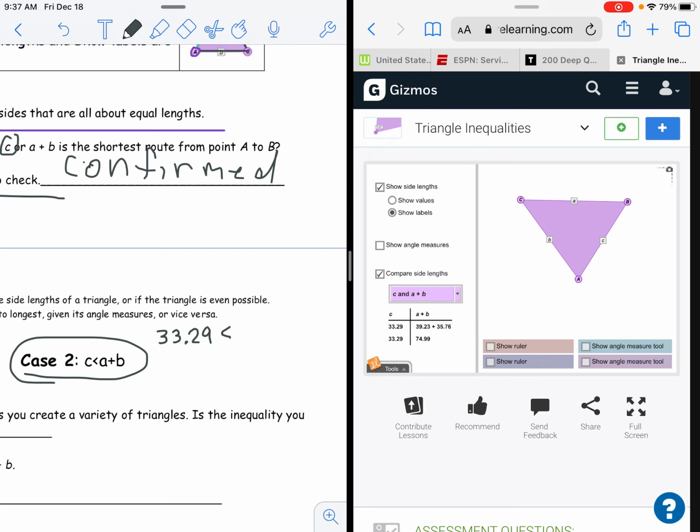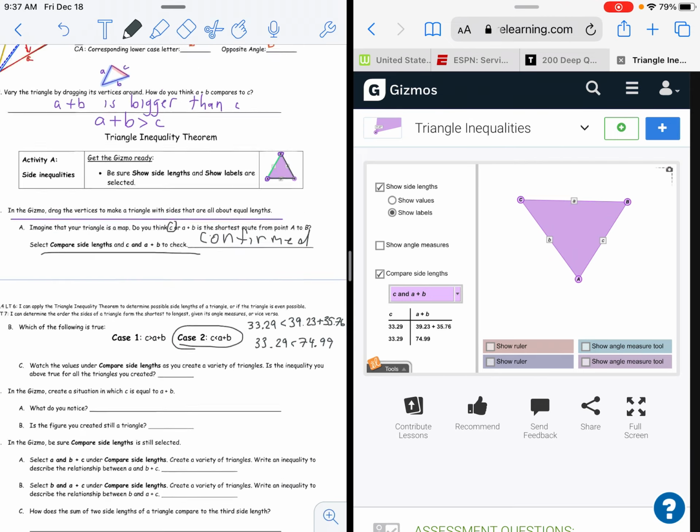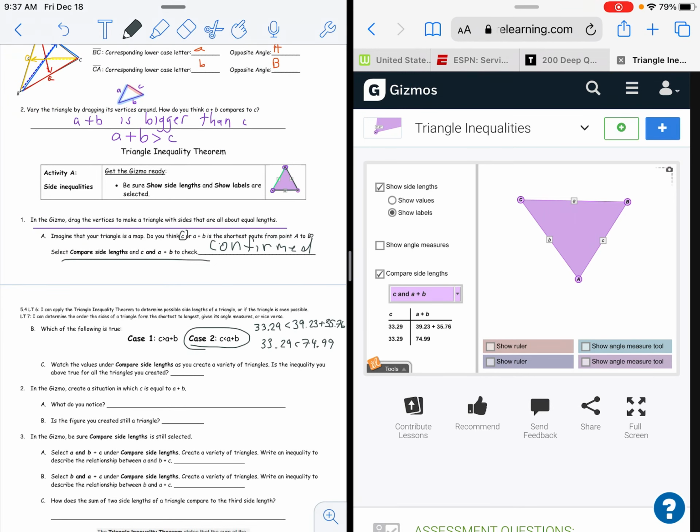That is less than 39.23 plus 35.76. All right, and in simpler terms, 33.29 is less than 74.99. All right.